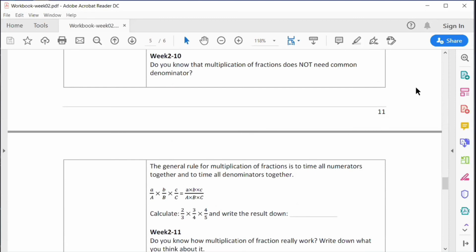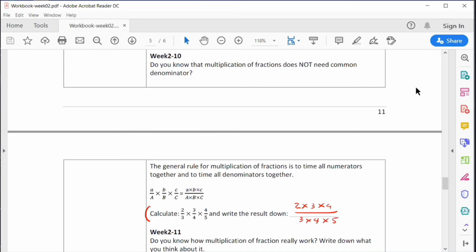So the general rule is we just times the top with the top and the bottom with the bottom. It's simple like that. So you do that bit and write it down. That's 2 times 3 times 4 over 3 times 4, it's 20, times 5, it's 20.